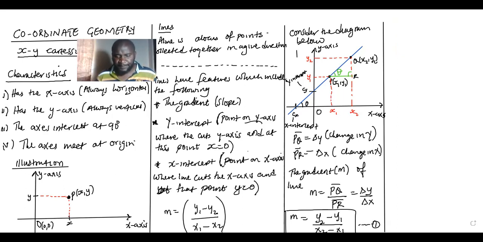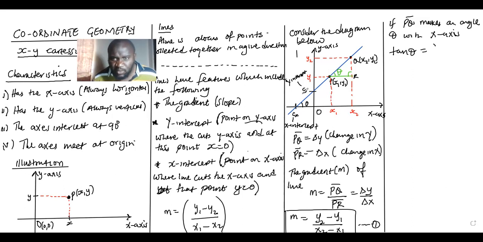Now also, if P2 makes an angle theta with the horizontal axis, P2 makes an angle theta with the x-axis, then the tangent of theta can be got from, this wasn't P2, this was 2R, sorry, the change in Y. The change in Y was supposed to be 2R.